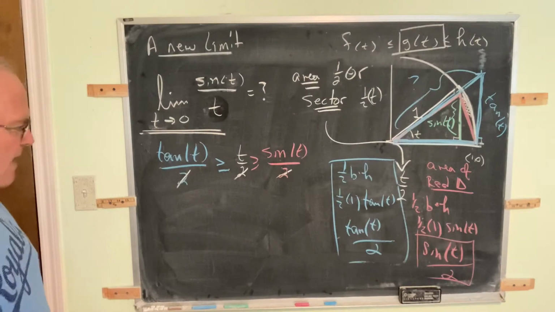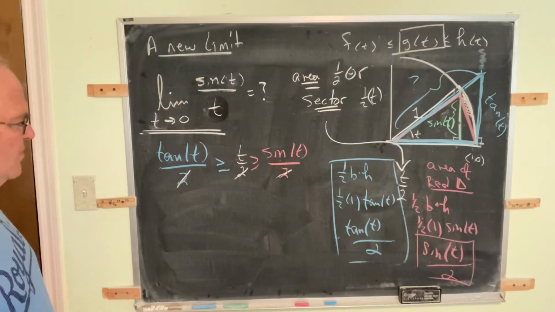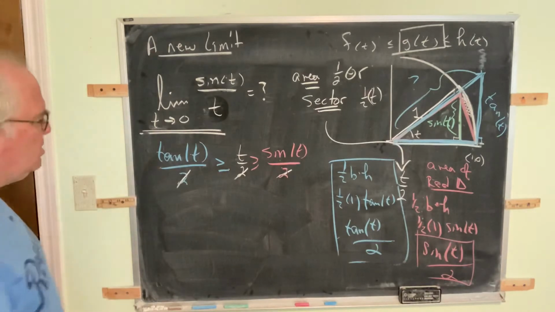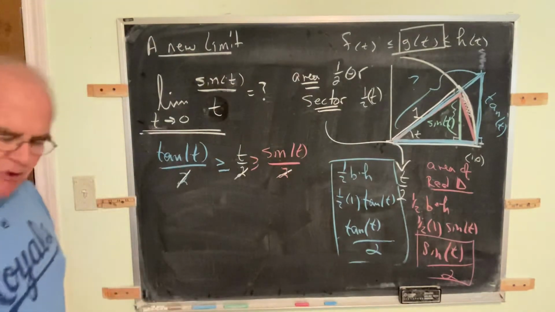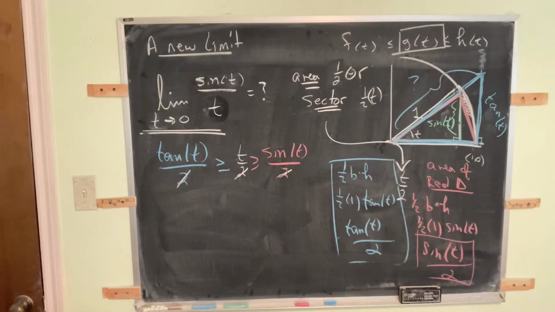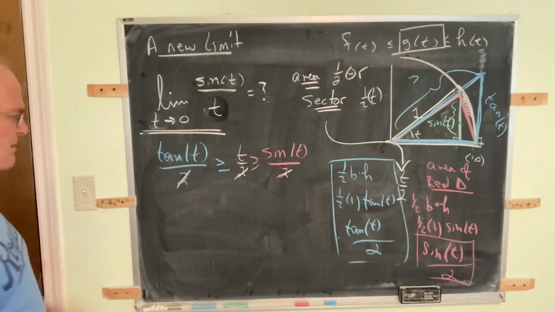So now what do we have? I'm going to multiply everything that is present by 1 over sine. You'll see why here in a minute.